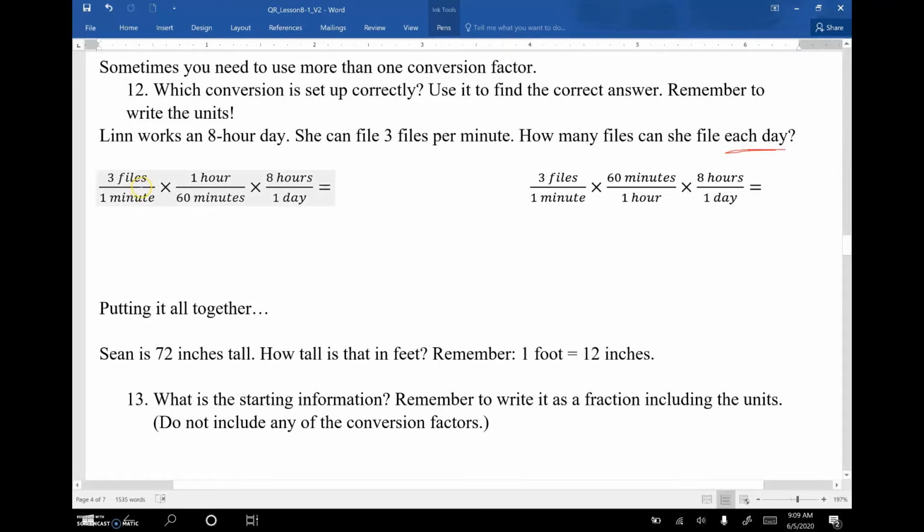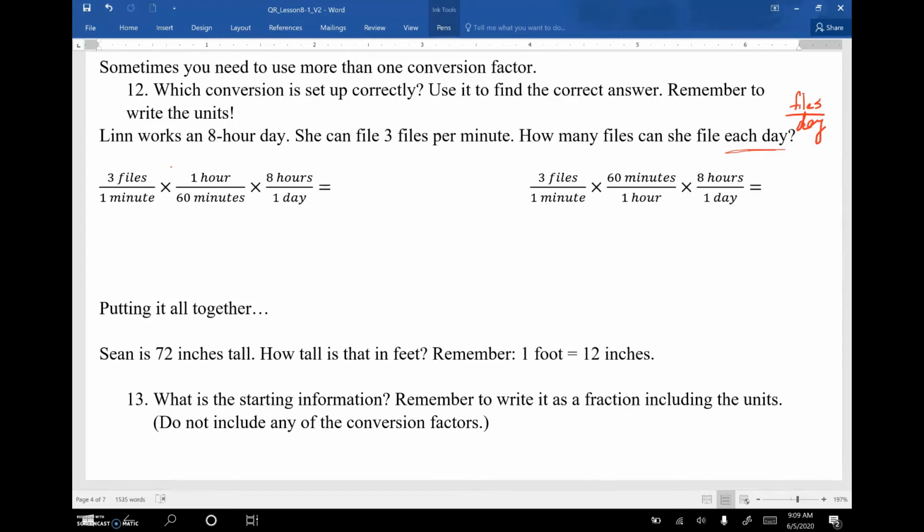So this is saying that we're starting with files per minute, and now we want to go into files per day. So we've got the files on top in both cases, but we want to change the minute into days.